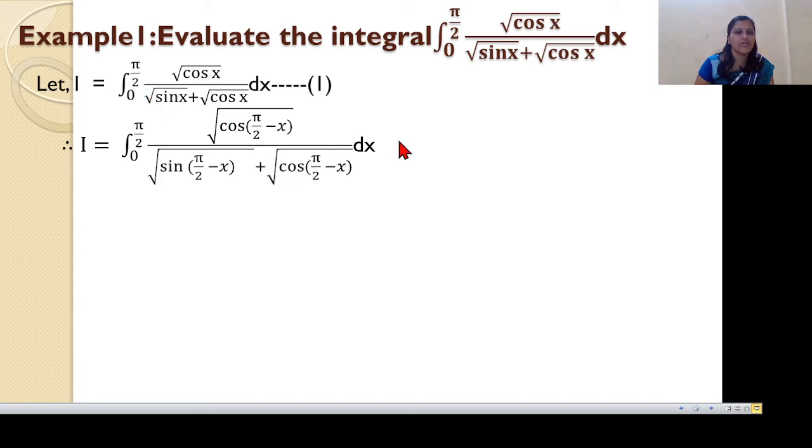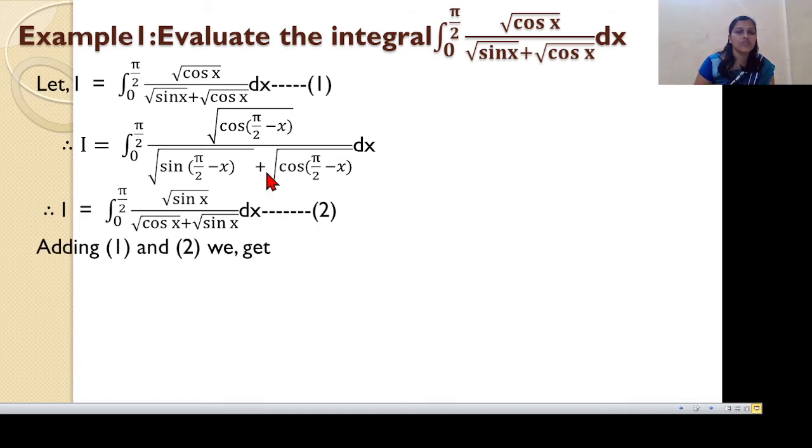So this step will appear. After calculating these terms, we get cos of pi by 2 minus x is sin x. Similarly, sin of pi by 2 minus x will be cos x, and cos of pi by 2 minus x will be sin x. We call this equation number 2. After adding these two equations, equation 1 and 2, in the LHS we get I plus I, that is 2I, and in the RHS we have integral 0 to pi by 2.